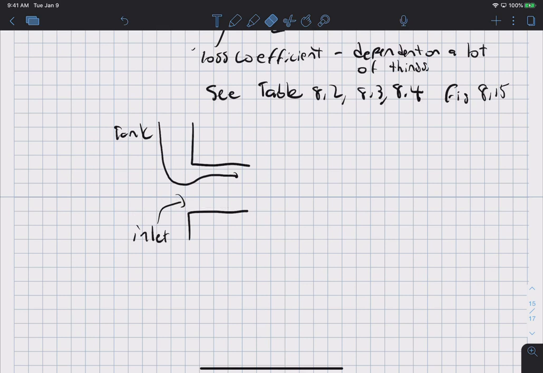And as the flow goes down, around, and overshoots, there'll be a little recirculation zone in here. And this neck region here is called the vena contracta.